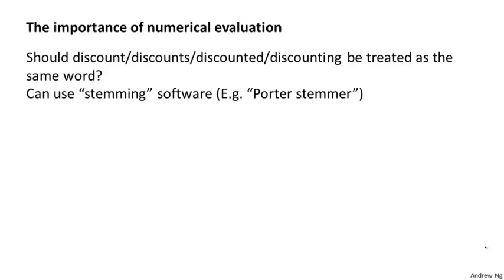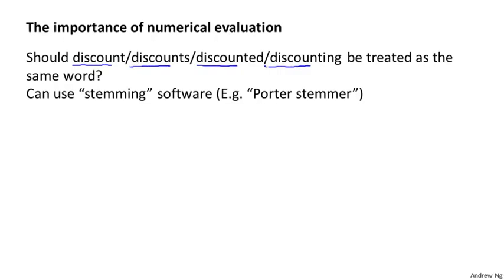Let's say we're trying to decide whether or not we should treat words like discount, discounts, discounted, discounting as the same word. So maybe one way to do that is to just look at the first few characters in a word. If you just look at the first few characters of a word, then you figure out that maybe all of these words have roughly similar meanings.